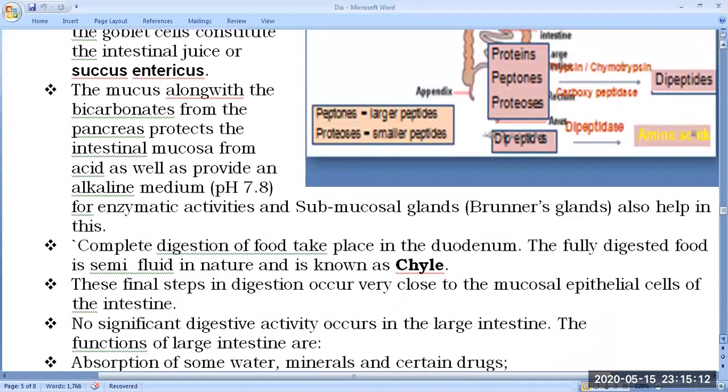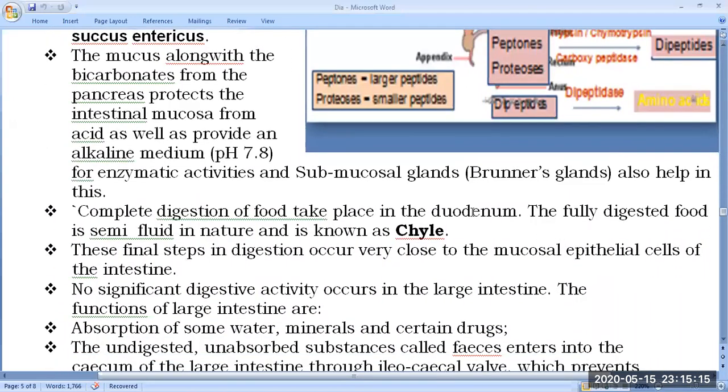If you see next, the mucus along with the bicarbonate, we have already known the function of bile salts. They also increase the pH value. Clear? Because we have seen that in the stomach the pH is very low, but when it passes into the duodenum, the pH increases. How does it increase? Here you can read these statements.